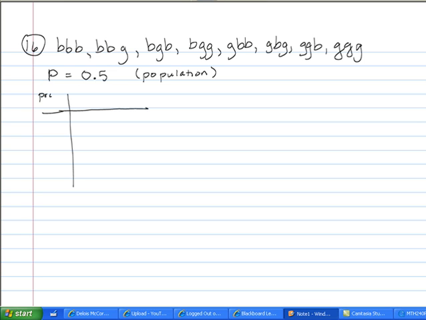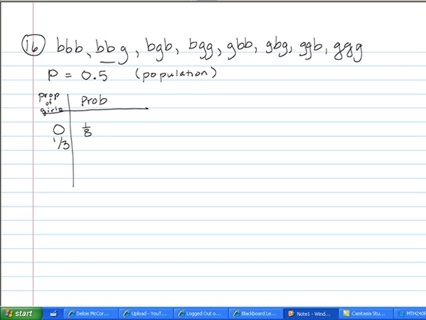We can have no girls, like in the case of boy, boy, boy. Probability of that is 1 out of 8. We can have 1 girl out of the 3, and the probability of that is 1, 2, 3 out of 8.